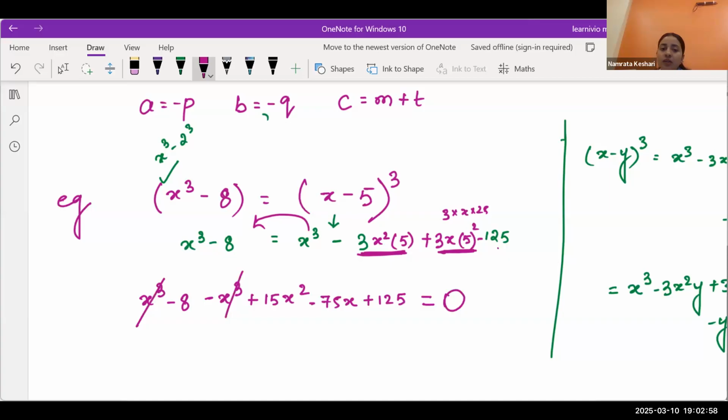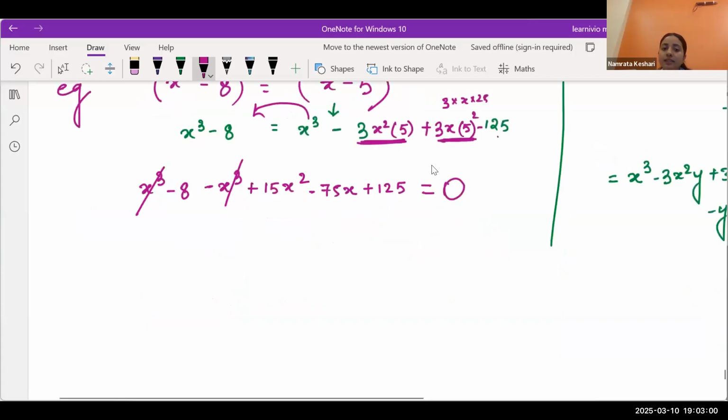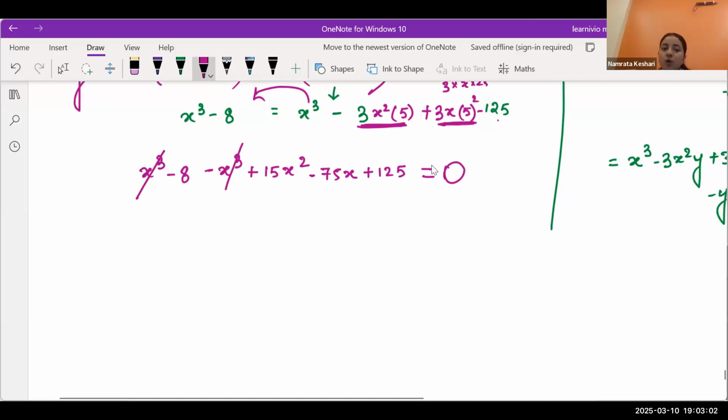Yes, ma'am. Okay, and now it seems like that, yeah, it is quadratic, even though it was looking like, no, it's not quadratic, it is cubic, but now we can see, okay, it is quadratic in form. This 125 minus 8, okay, so this is 117, plus 117, okay, is equal to 0.